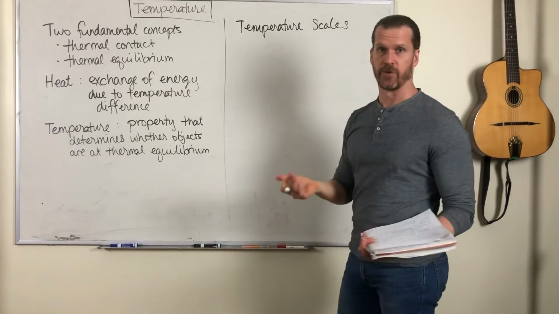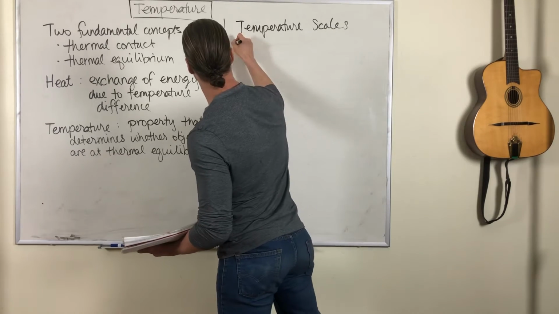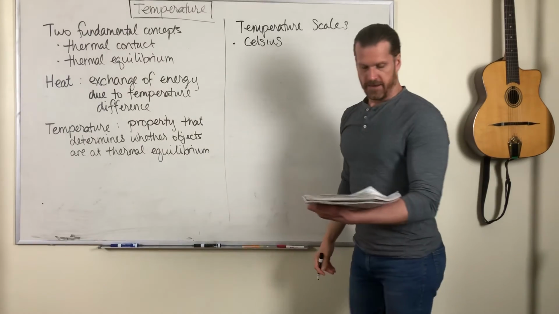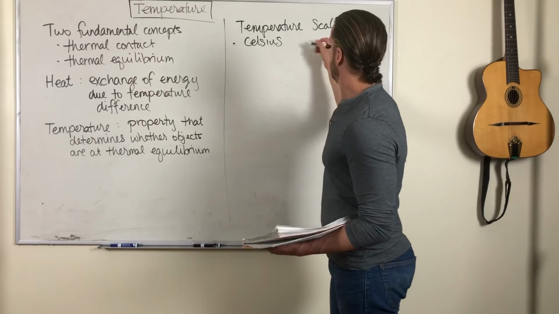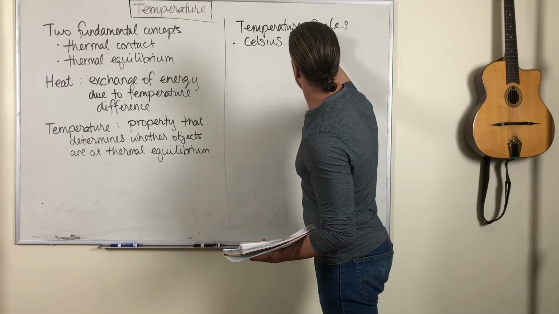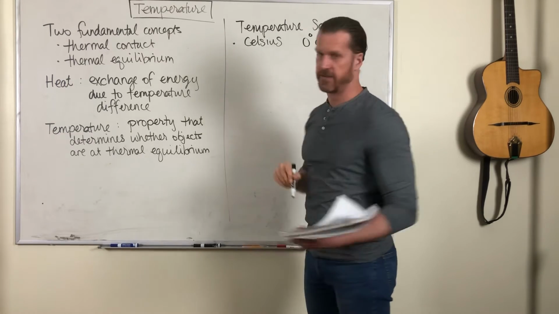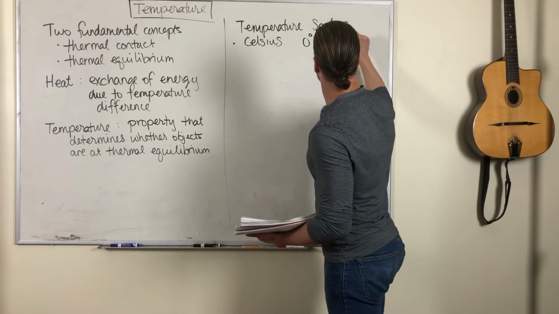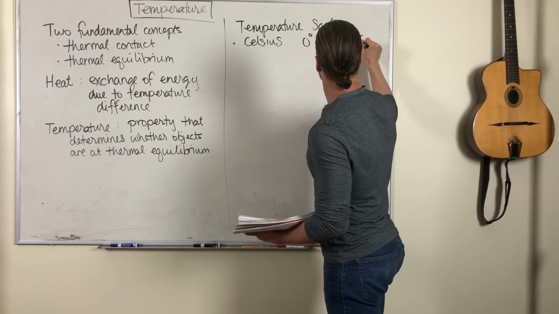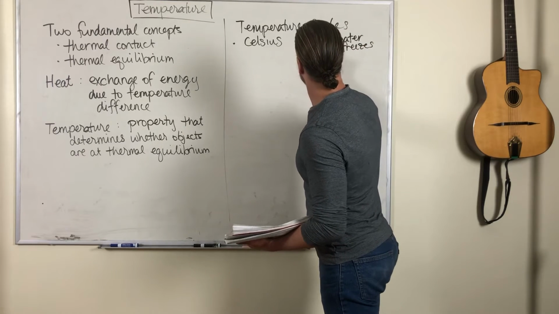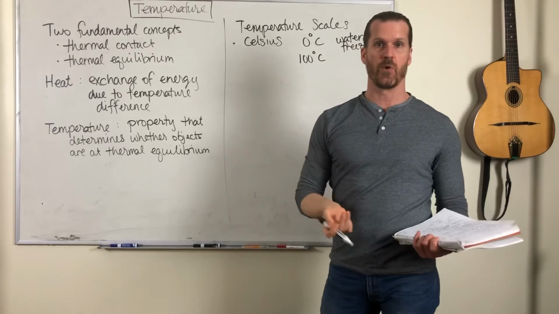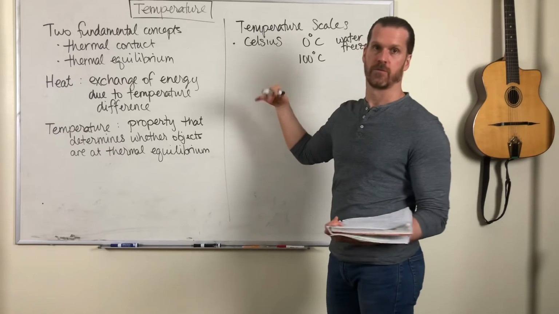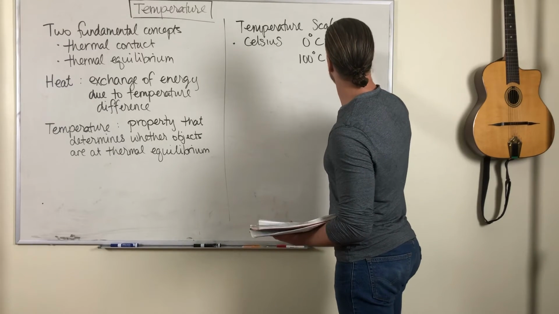The most commonly used one in the world is the Celsius scale. And Celsius is defined where 0 degrees is the freezing or melting point of water. And 100 degrees is the boiling or vaporization point or condensation point of water.